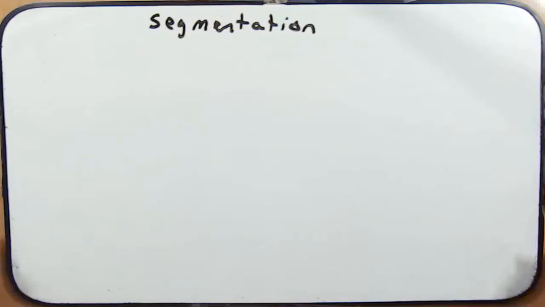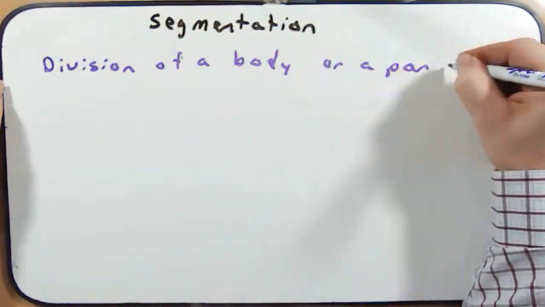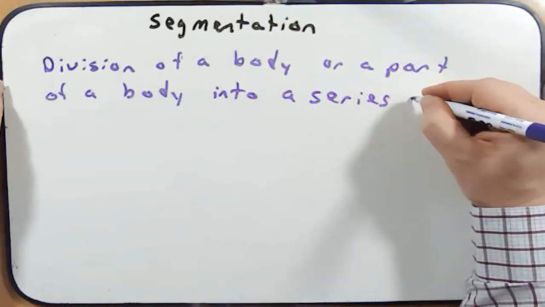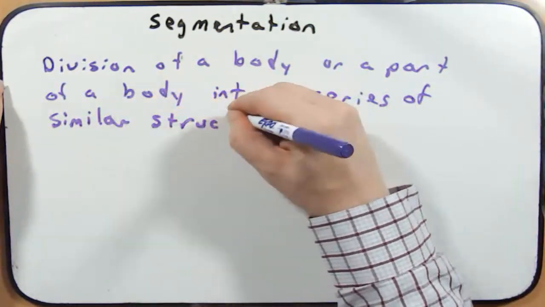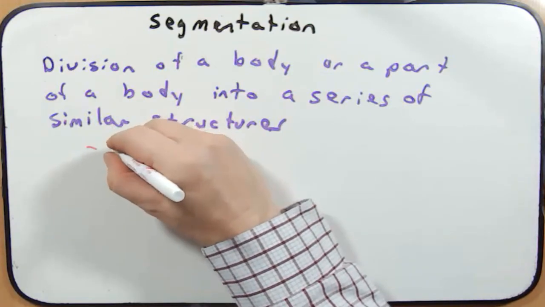Okay, let's talk about segmentation next as an adaptation that some animals have. This is essentially the division of the body or a part of a body into a series of similar structures. A good example of this would be the segmented backbone of vertebrates.